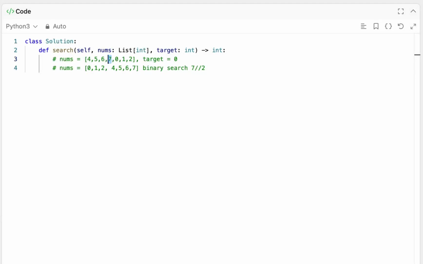So this would be the target. And we can see if 0 is lower than the target or higher than the target. Is 7 higher than target? Yes, it is. So we should go to the left, right?